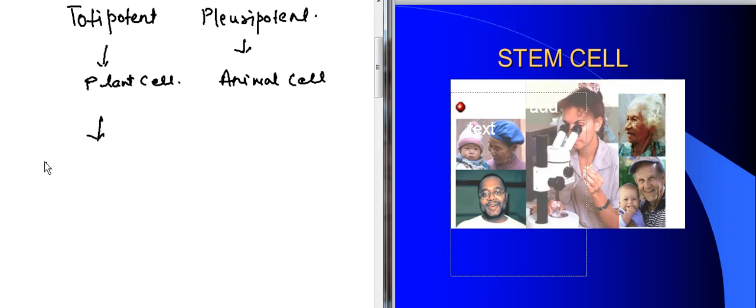Totipotent is a tendency to generate an entire plant from a single cell. This is your totipotent. This is a plant cell.